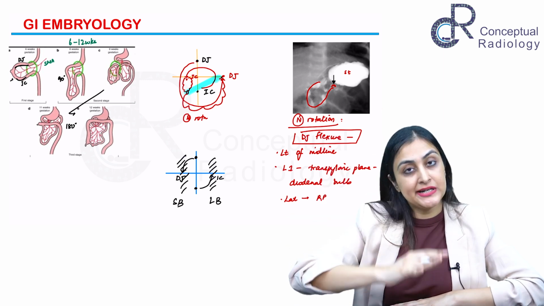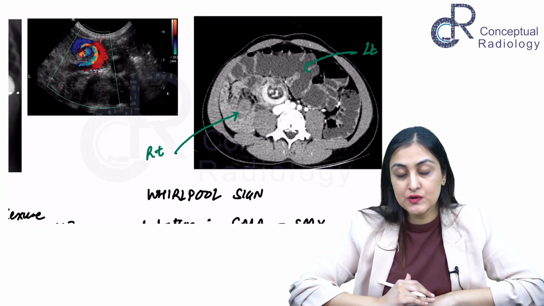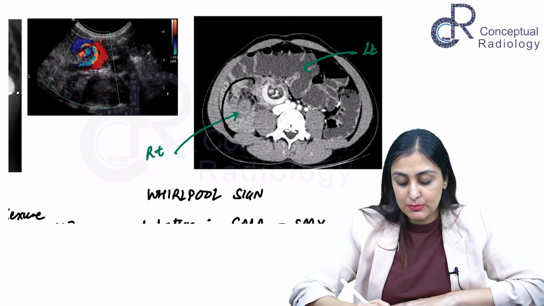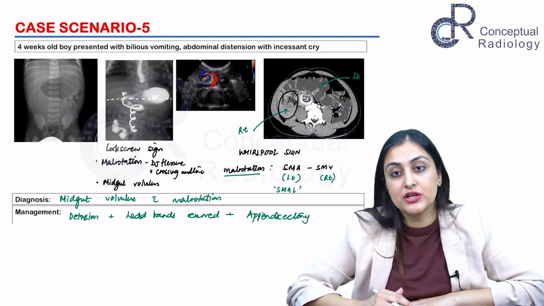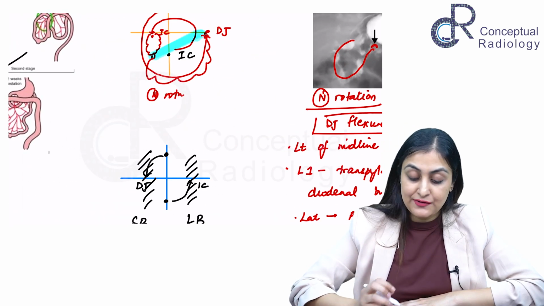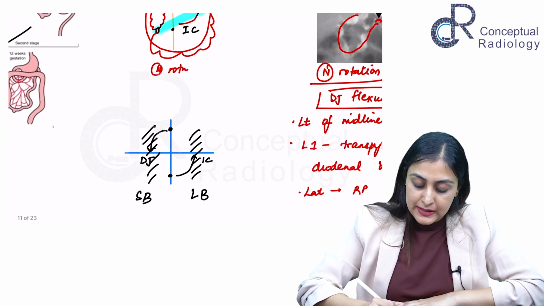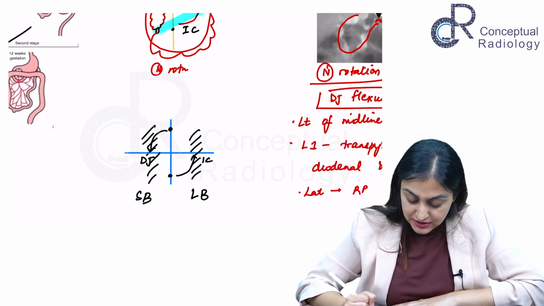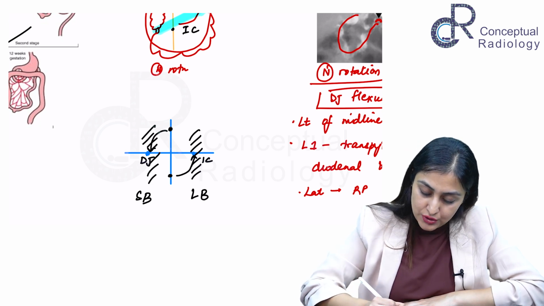So this is what you're going to observe. Small bowel completely on the right, large bowel completely on the left. Remember me telling you about this on the CT? All small bowel on the right, all large bowel on the left, whereas this is not what I wanted to see in a normal case. So this is one thing. Apart from that, why does volvulus happen here? Now imagine what will happen to the mesentery. The mesentery is arranged very, very horizontally here.